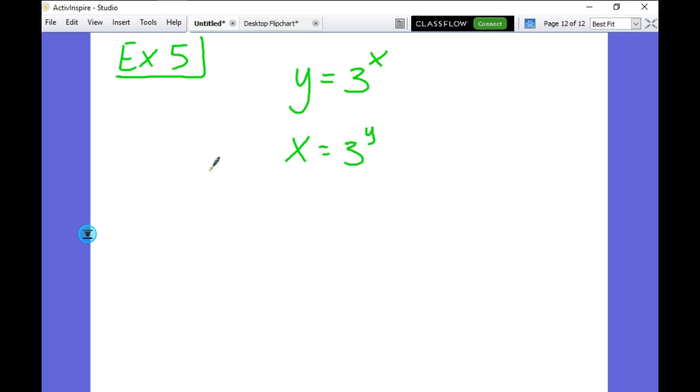In the beginning of class, I gave you that chart, right? For a log, you're going to have to exponentiate both sides. But for an exponential function, which is what this one is, you're going to log both sides. Now, what base do you think I'm going to use? 3. Yeah. So I'm going to do log base 3 of x and log base 3 of 3 to the y. I just put log on both sides. But you have to make sure the base matches the base that you start with.